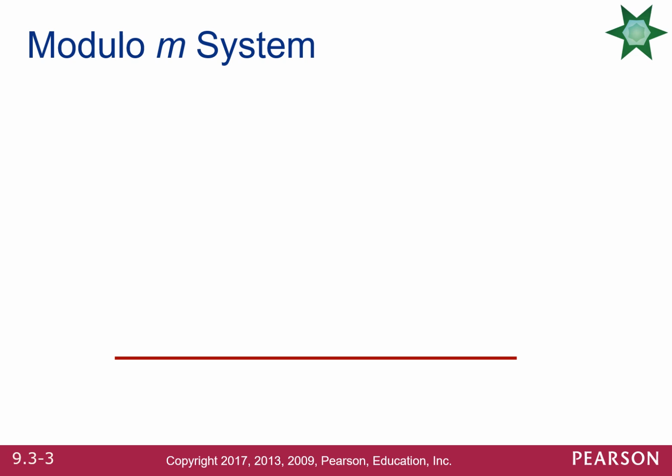Now I would like to start with a brief introduction of the modulo M system, which is a common terminology used in modular arithmetic. In the modulo M system, or in any modular arithmetic, the solution that comes out of a modular operation is the remainder obtained from a division.